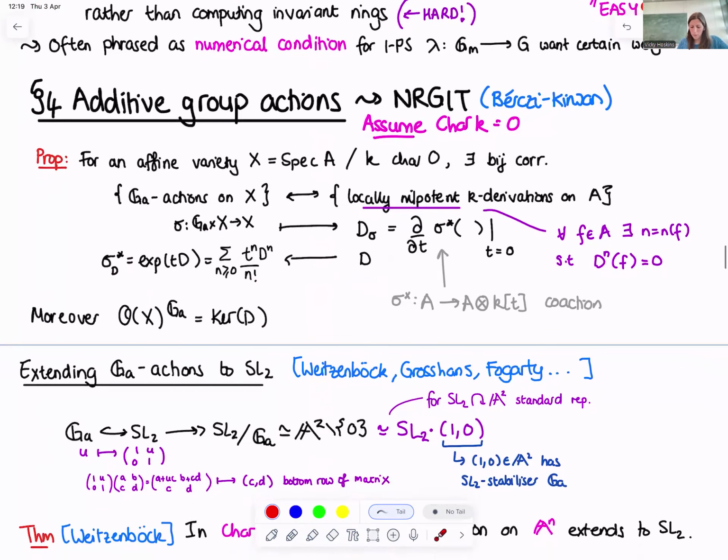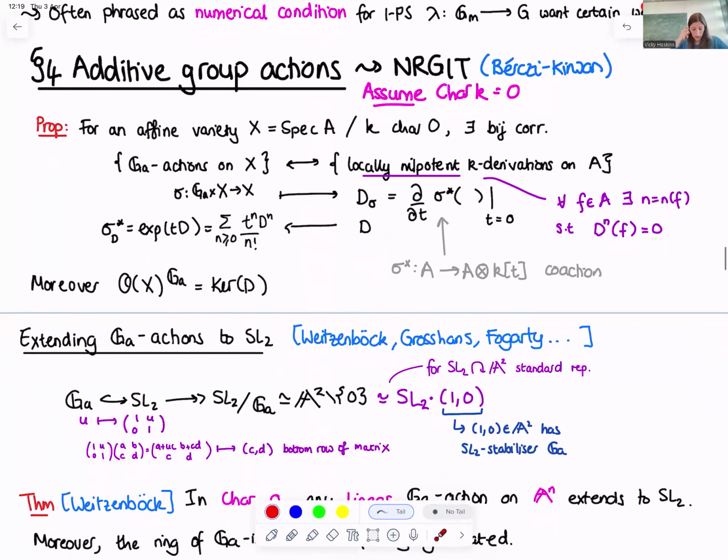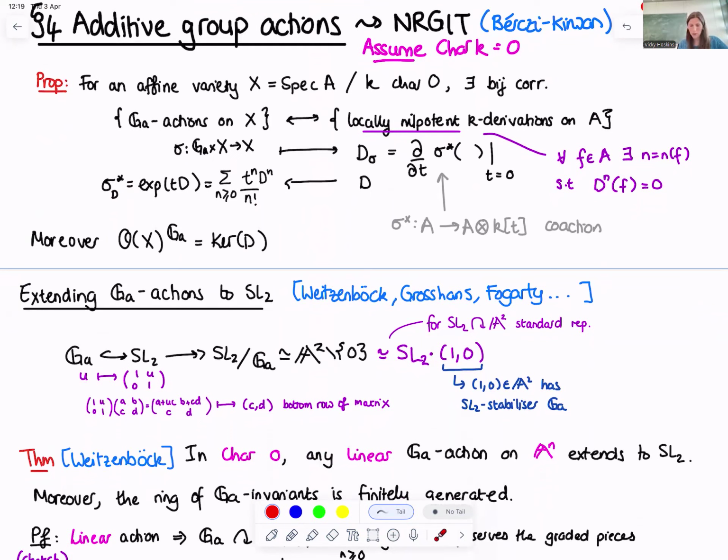Okay, so this derivation can actually be used to discuss when you can extend a GA action to an SL2 action. And I wrote some names here of various people who have been working on this. I mean, there's a much longer list than this, but I want to explain this theorem of Weitzenböck in particular.